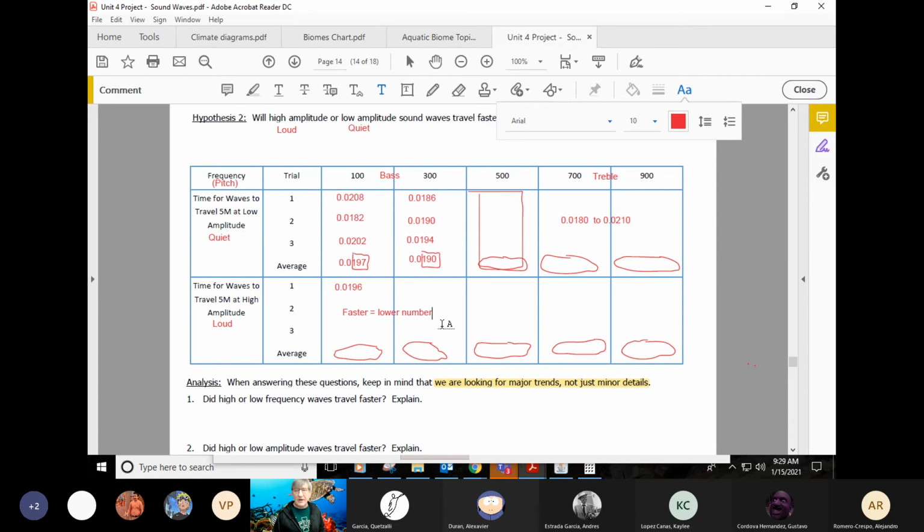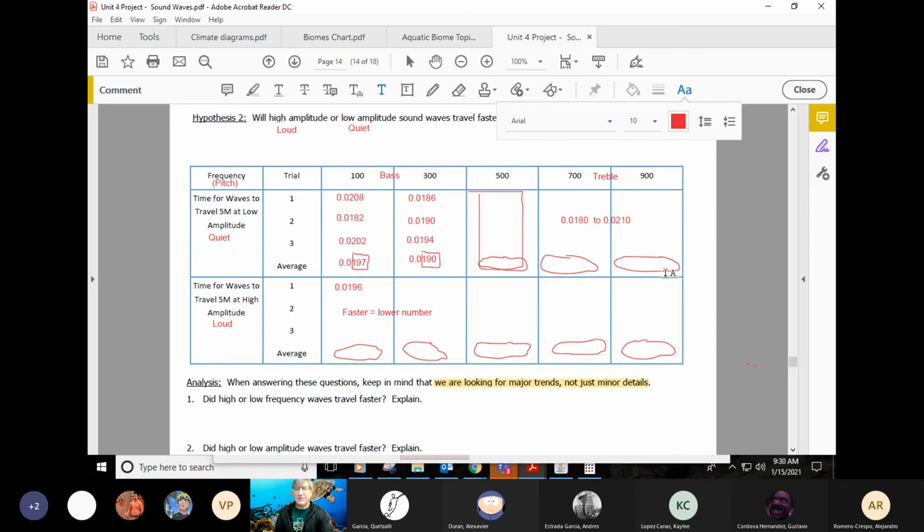So just comparing the two averages that I do have written down, we would say that 300 was slightly faster than 100. Did that trend continue on and on and on across all the frequencies? And if so, we should see it repeated both on this row and on this row. Do we see it getting faster and faster and faster?